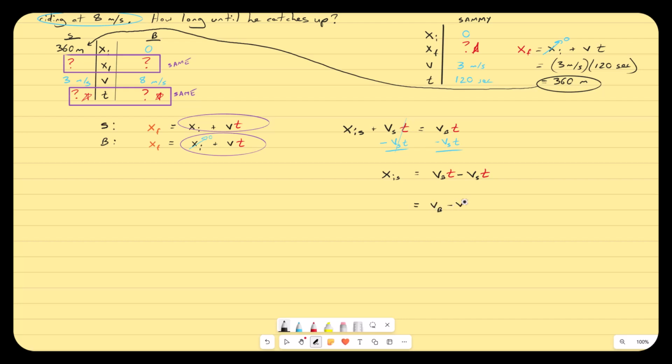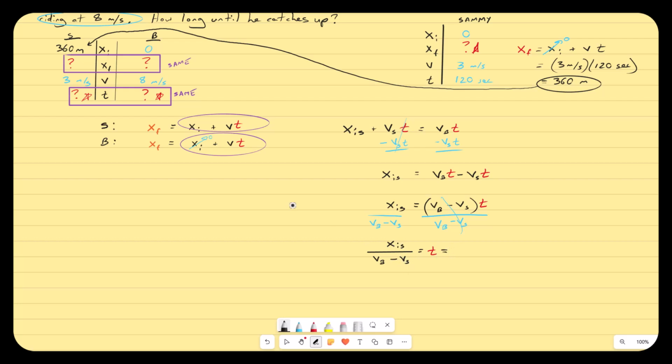v brother minus v Sammy times time is what we end up with on the right, and on the left we're still at X initial for Sammy. I'm going to divide by v brother minus v Sammy on the right and on the left, and I will be left with time by itself equals X initial for Sammy divided by v brother minus v Sammy.